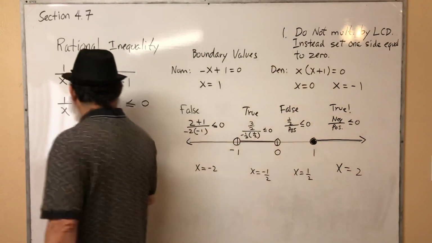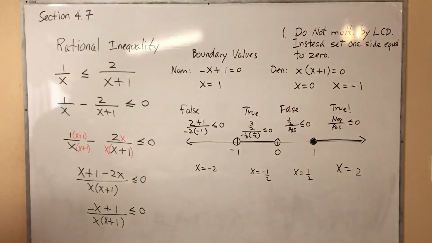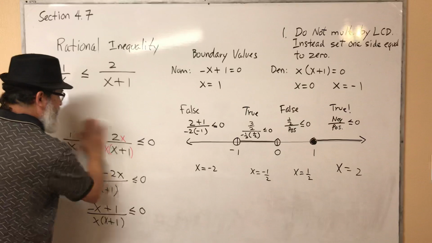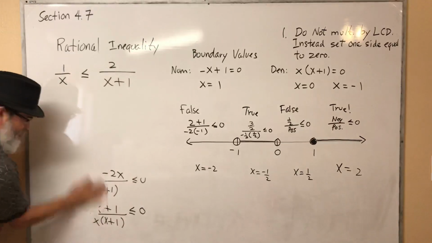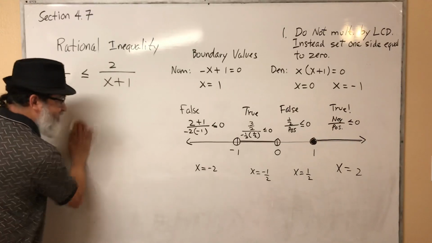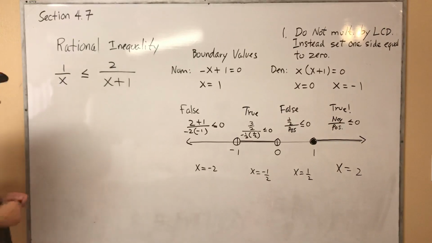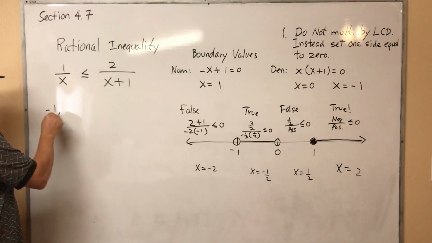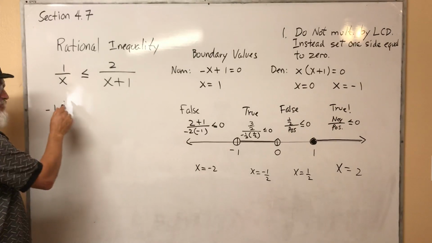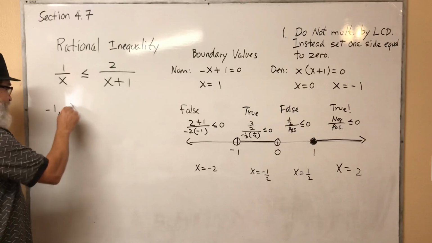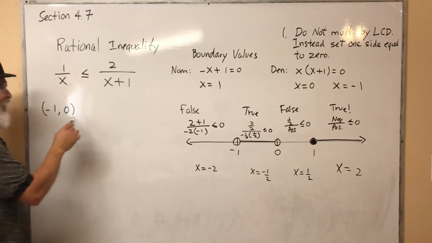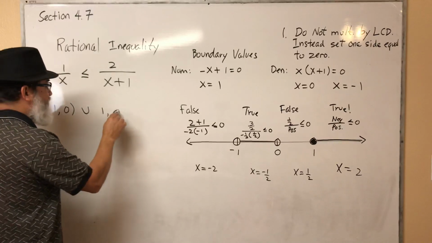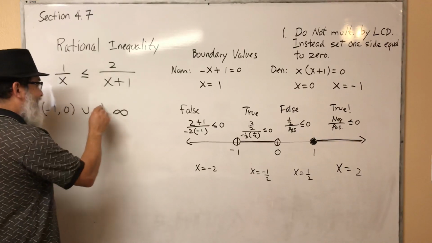All right. So what is the solution to this problem? What is the solution? Solution from negative 1 all the way up to 0, excluding, or from 1 all the way up to infinity, including.